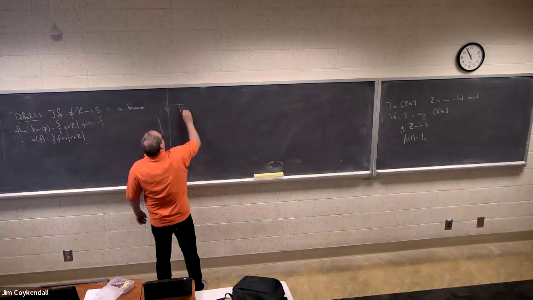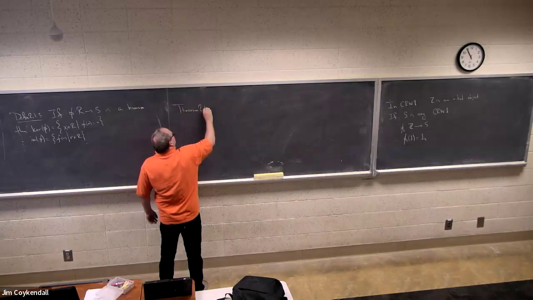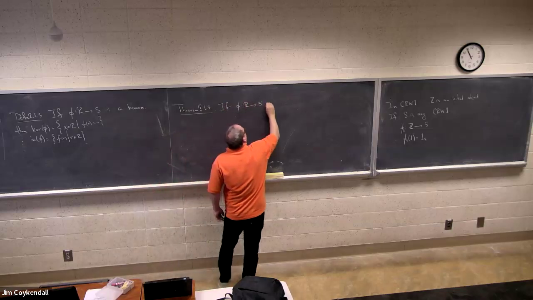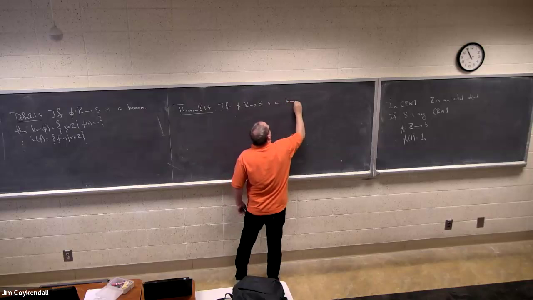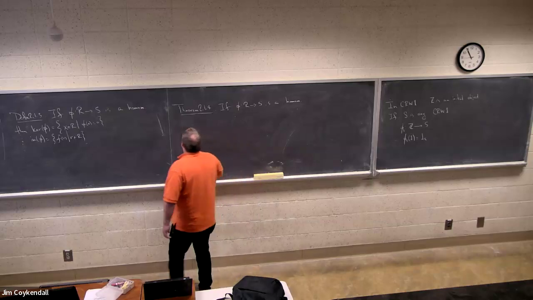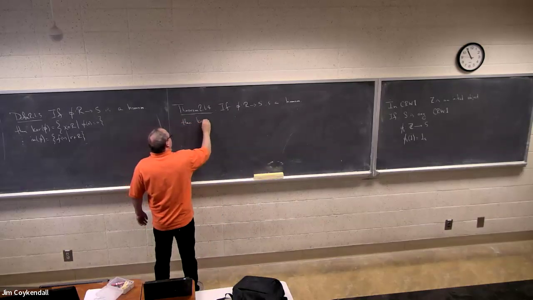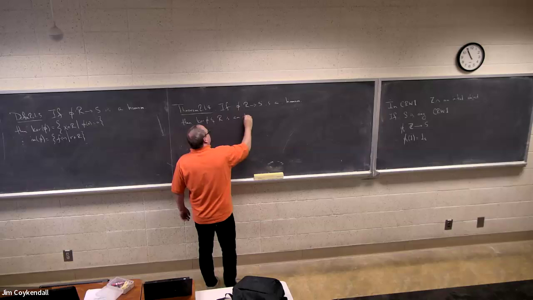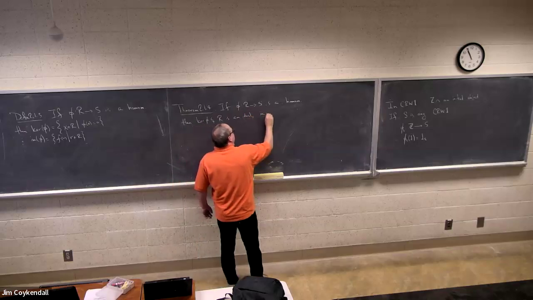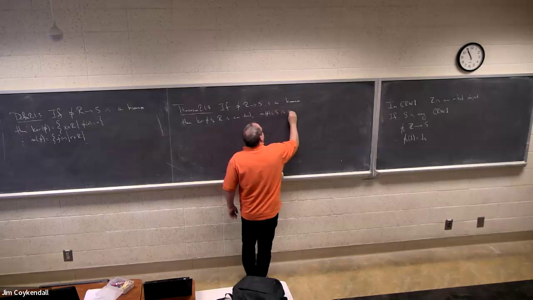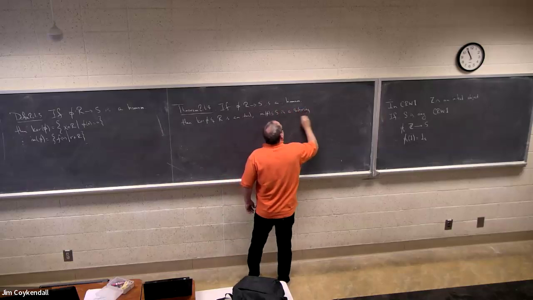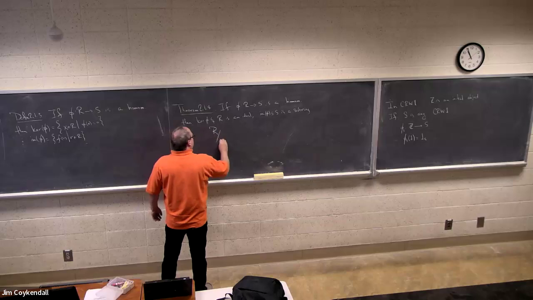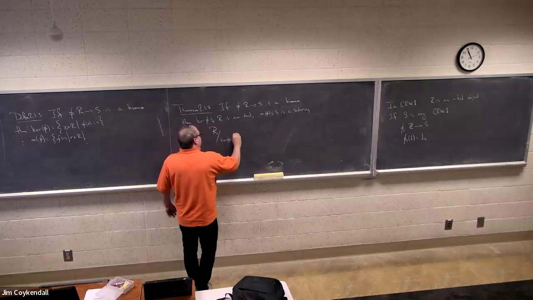Theorem, writing this down formally. If phi from R to S is a homomorphism, then the kernel of phi in R is an ideal, the image of phi in S is a subring, and R mod the kernel of phi is isomorphic to the image of phi.